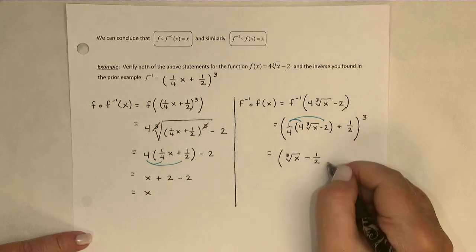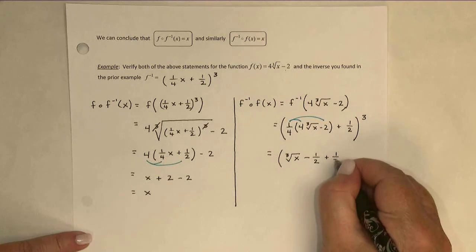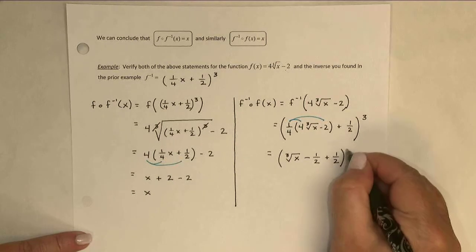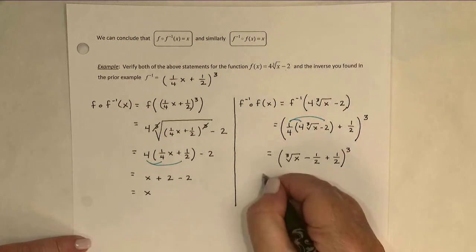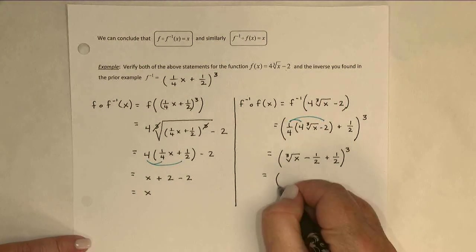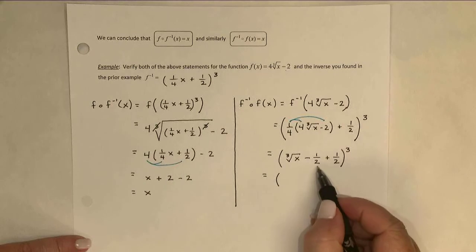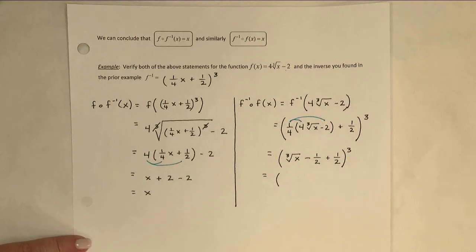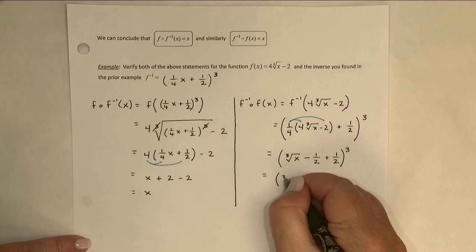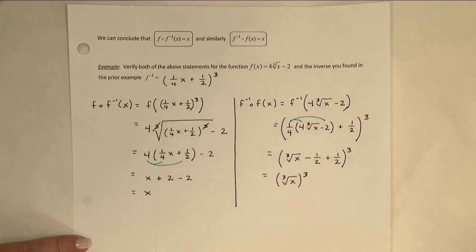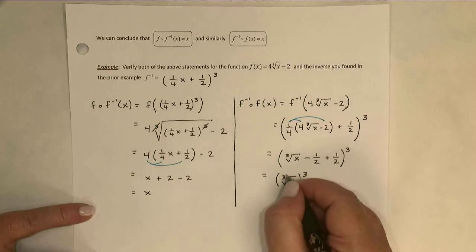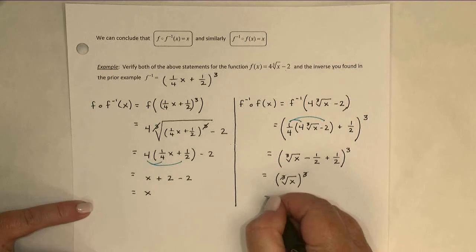Then I have a plus 1/2 out here, all raised to the third power. Of course, inside my parentheses, positive 1/2 and negative 1/2 make 0. So I just have the cube root of x to the third power. And once again, the cube root and the cube essentially cancel one another out. They're really inverses. And I get x.